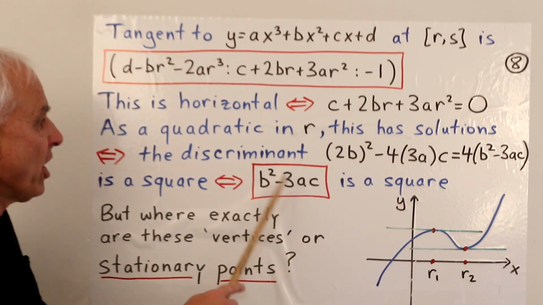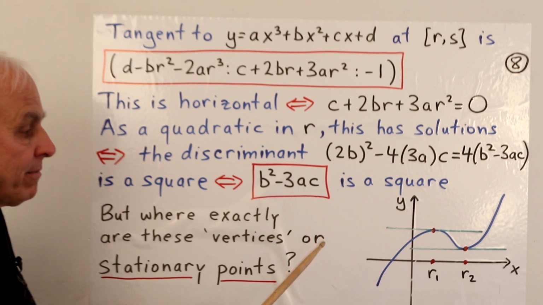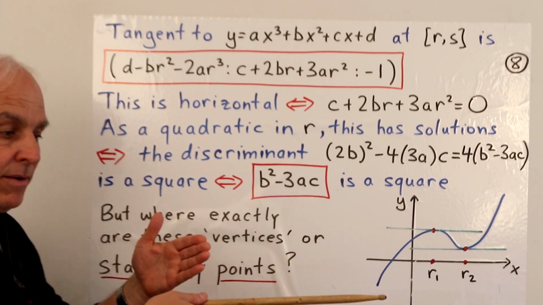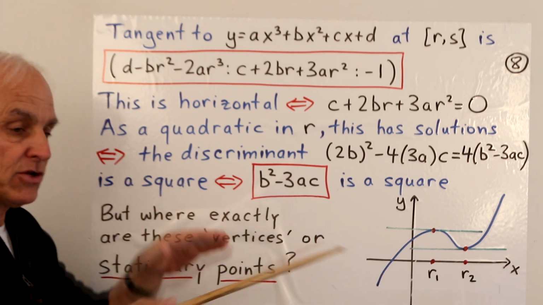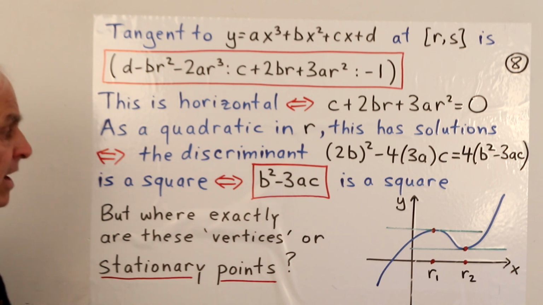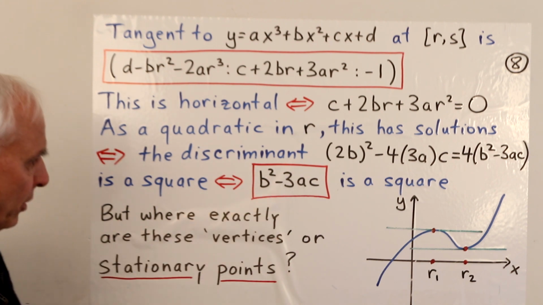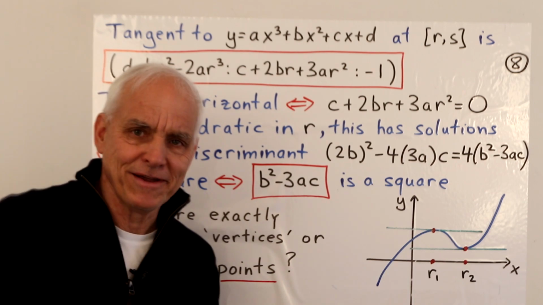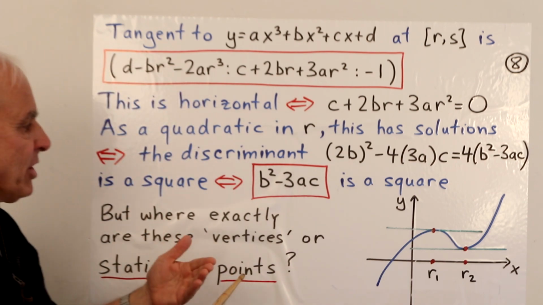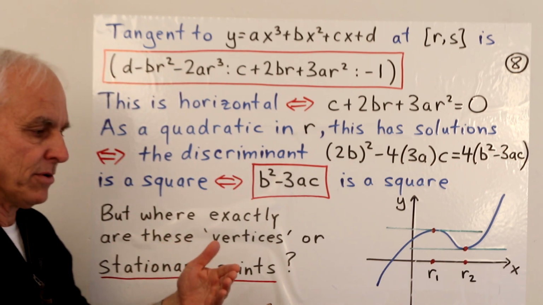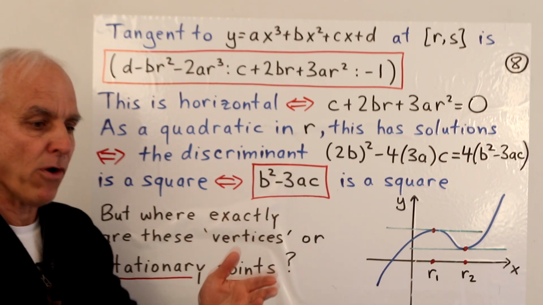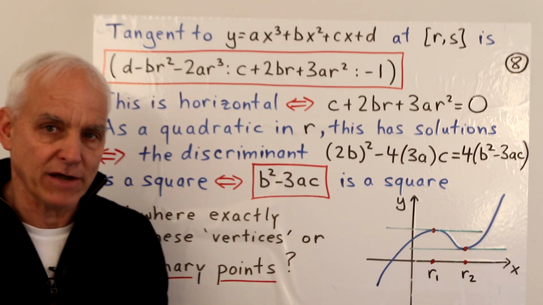That's the condition on having places where the tangent line is horizontal. Now, of course, this is quite a familiar looking kind of thing, almost, because it looks like the discriminant of a quadratic equation, which you remember as b squared minus 4ac in some slightly different context.